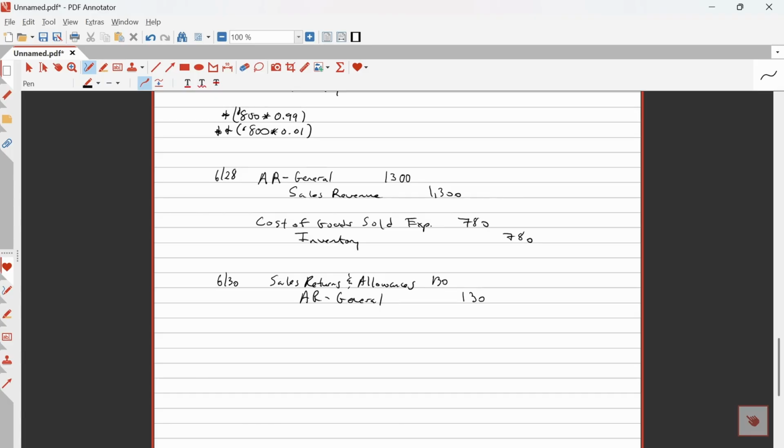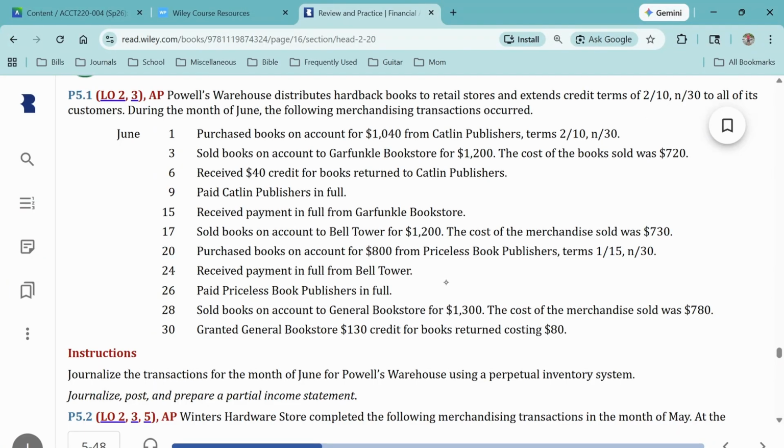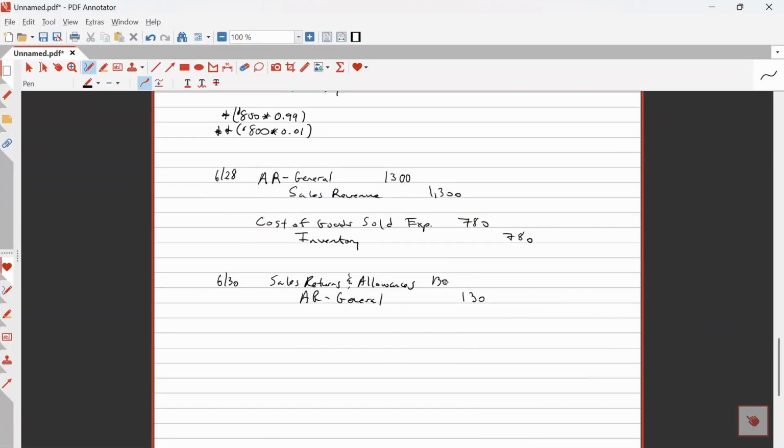And then we need to undo $80 of this journal entry, because the stuff that they returned to us originally, when we sold it to them, it cost us $80. So $80 of what we sold was returned. So we just need to flip this. We need to debit inventory. We've got $80 of inventory coming back in, and we need to reduce cost of goods sold expense by crediting it for 80.